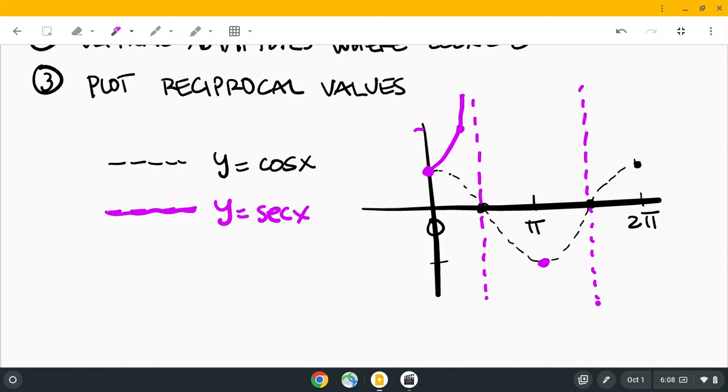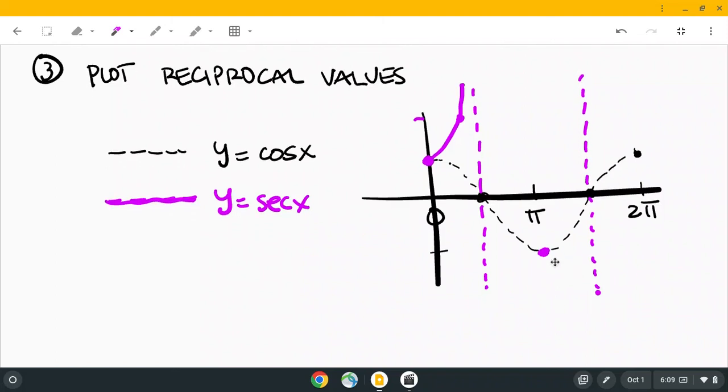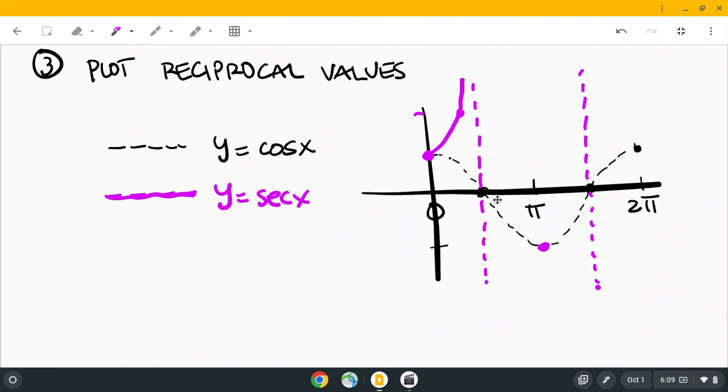So this will be a point on our graph. And then over here, it's not halfway between, but at 60 degrees, we have a point 1/2. So now we go down to -2. Okay. And then same thing here, -2.